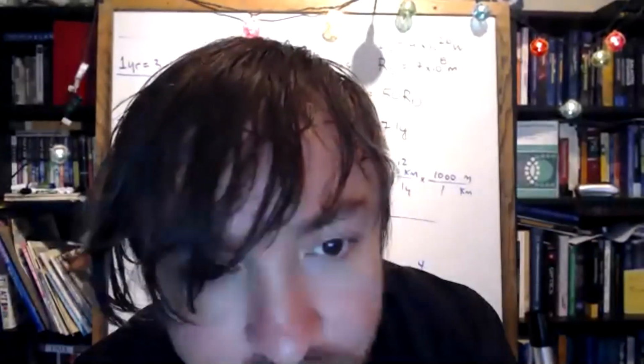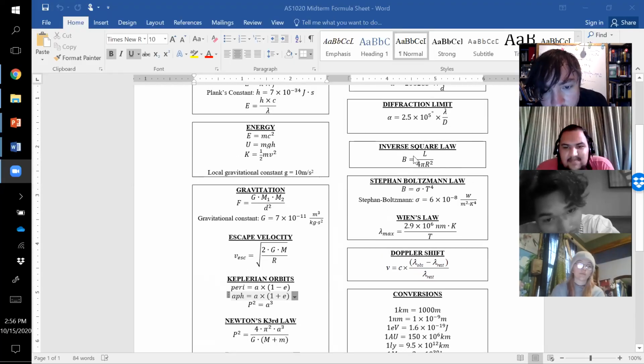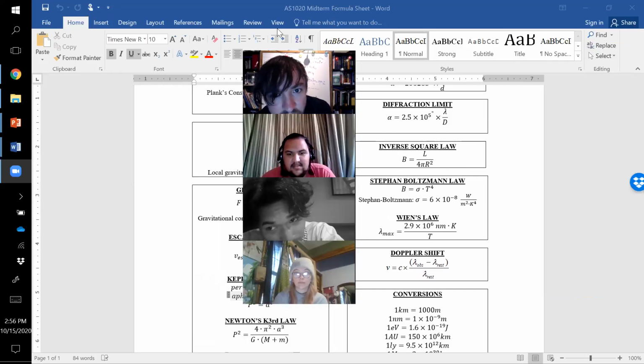Guys, you need to update your formula sheet. That's my bad. There are two versions of the inverse square law. One of them is brightness is luminosity over 4 pi r squared. Please write this down on the side of your paper because it's important.